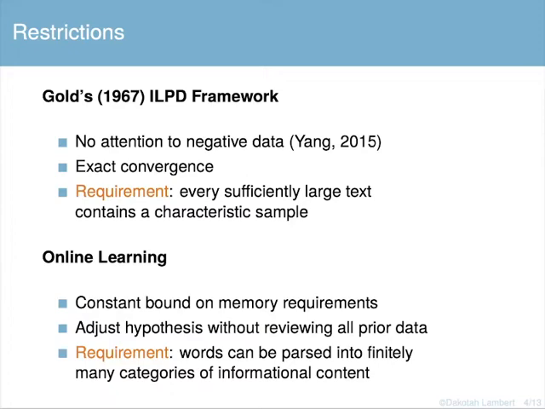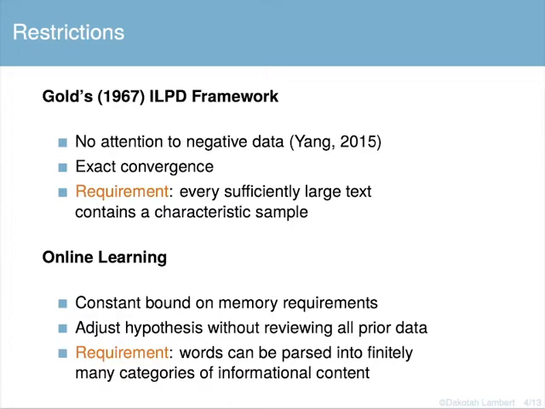Another property of the ILPD framework is that it requires exact convergence to the target grammar, unlike, say, a PAC framework, which only requires correctness probabilistically. The requirement here, then, is that every sufficiently large text must contain a characteristic sample of the language you're trying to learn.